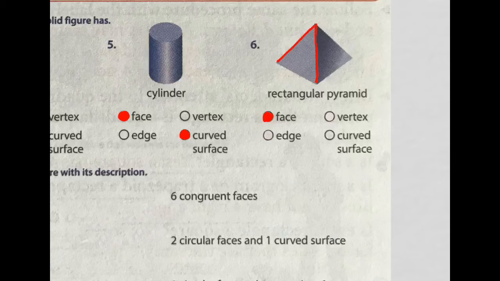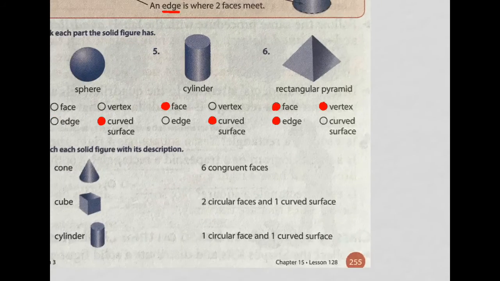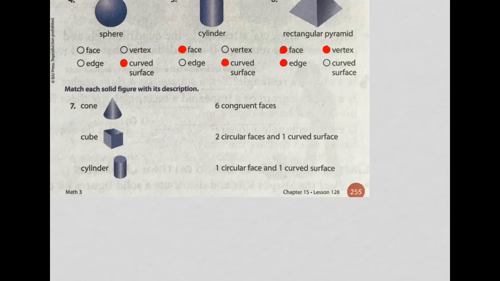It has edges. So we'll fill that in. Does it have a vertex? Yes, it has a few. Okay, let's do that. Does it have a curved surface? No, it does not.